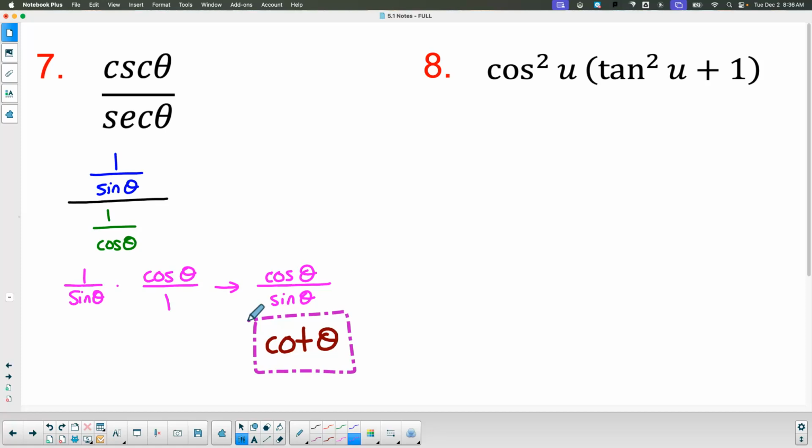Tangent squared plus 1 is secant squared. Secant squared is 1 over cosine squared.